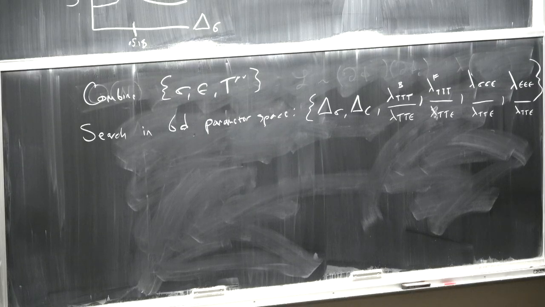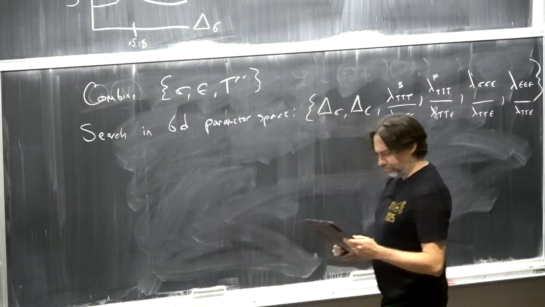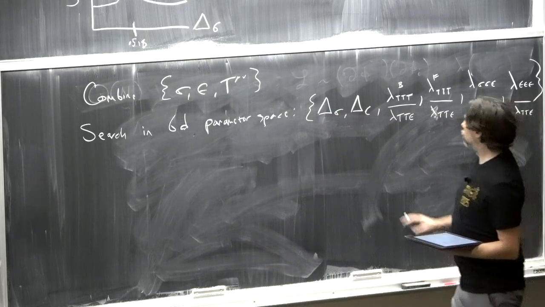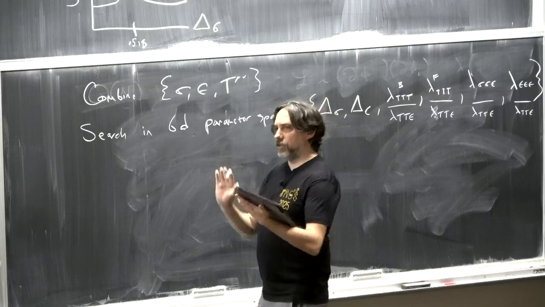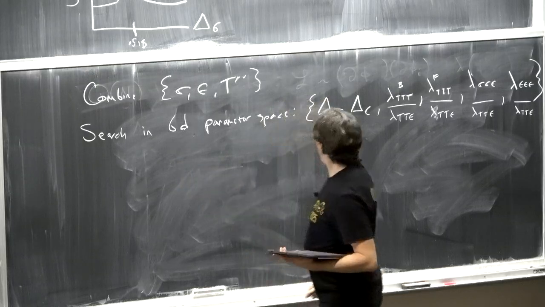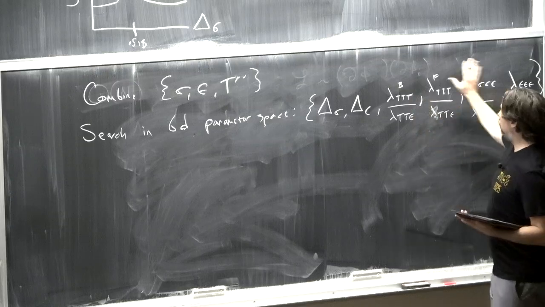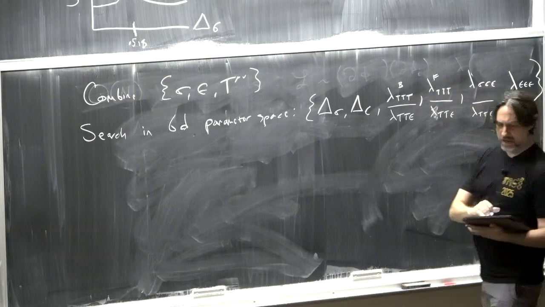There are various strategies for doing that, which I can tell you about after the lecture. Roughly, it corresponds to doing a search through scaling dimension space, which we call a Delaunay triangulation search, combined with a strategy for ruling out or finding allowed points in the space of OPE coefficients.